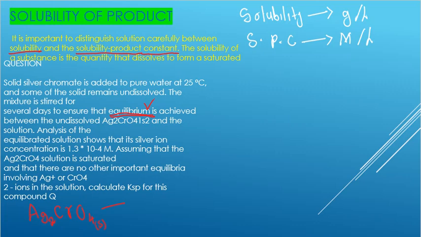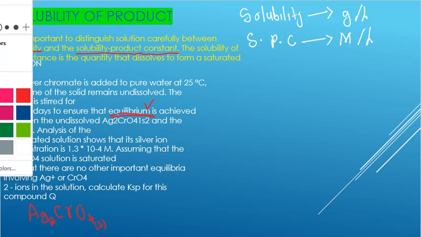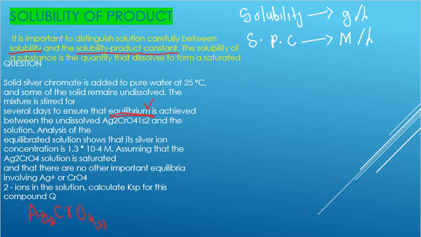If we dissociate this particular compound, we are going to get silver ion in aqueous state, plus chromate, which also remains in aqueous state.